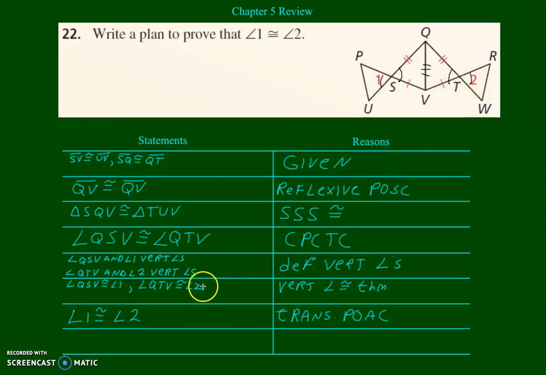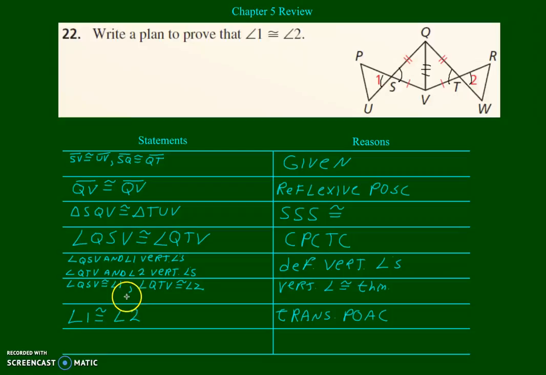Now, we can see that we have a transitive property situation set up, because angle 1 is congruent to QSV, and QSV is congruent to QTV, and QTV is congruent to angle 2. We have angle 1 is congruent to angle 2 by the transitive property of angle congruence.